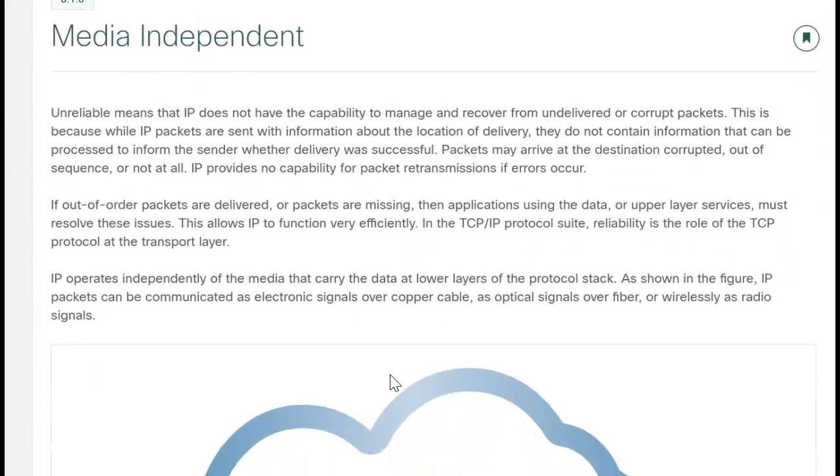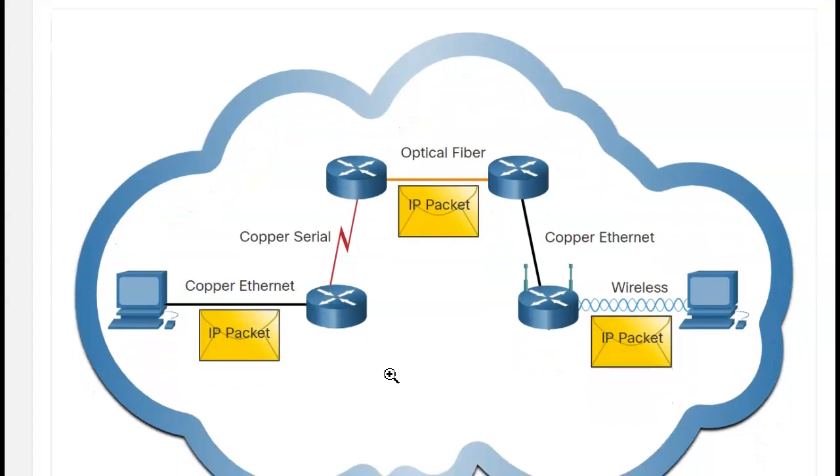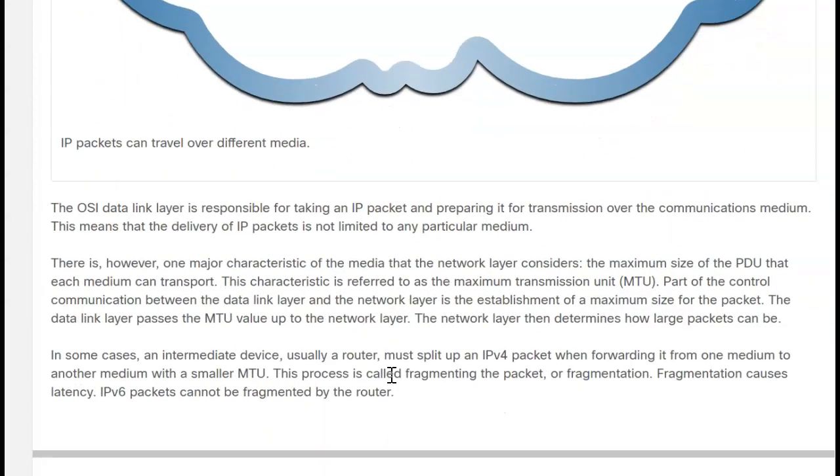Media independent, like I said, I don't care whether it's over copper, optic, or wireless. Now, there is a difference in the different media: sometimes there is a maximum size that a particular media can transport.